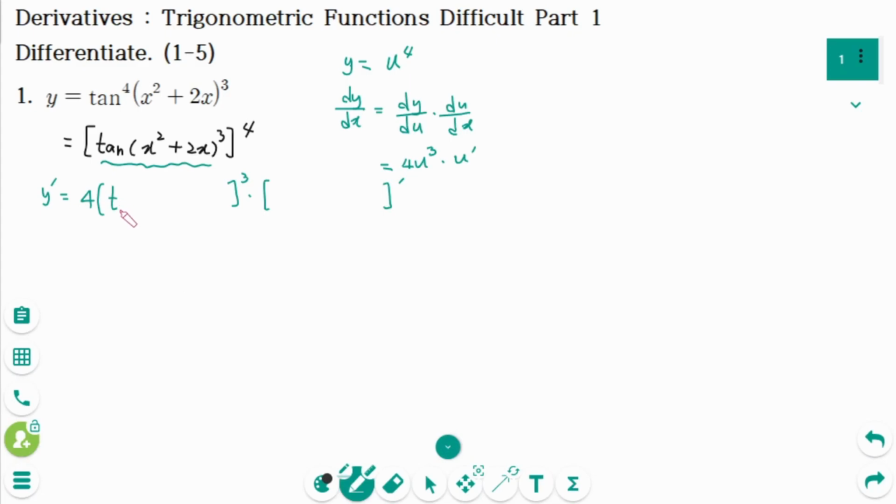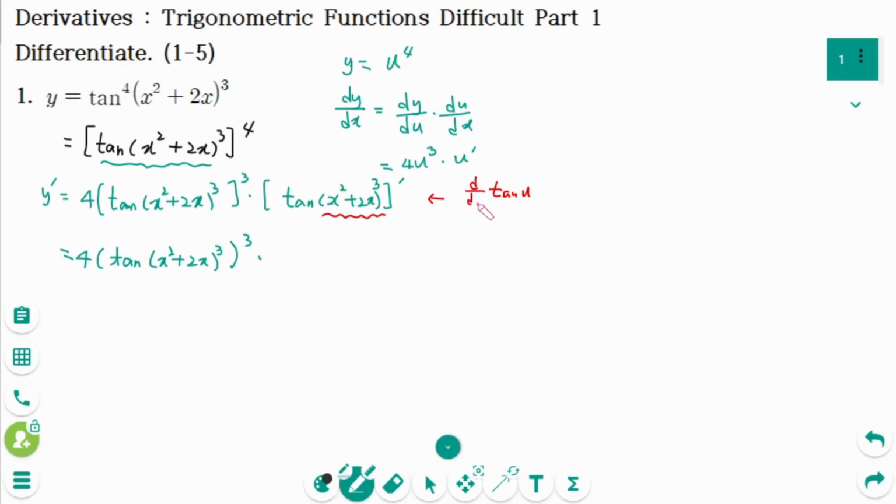Keep the inner function, tangent of (x squared plus 2x) cubed. Then 4 tangent of (x squared plus 2x) cubed to the power of 3, times... Now u equals (x squared plus 2x) cubed. So tangent u prime equals secant squared u times u prime.